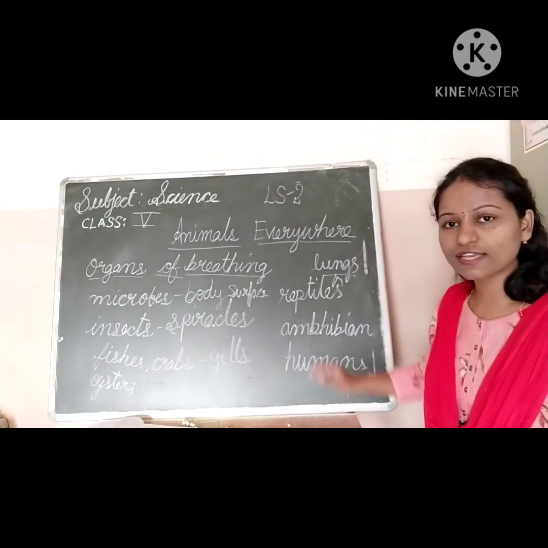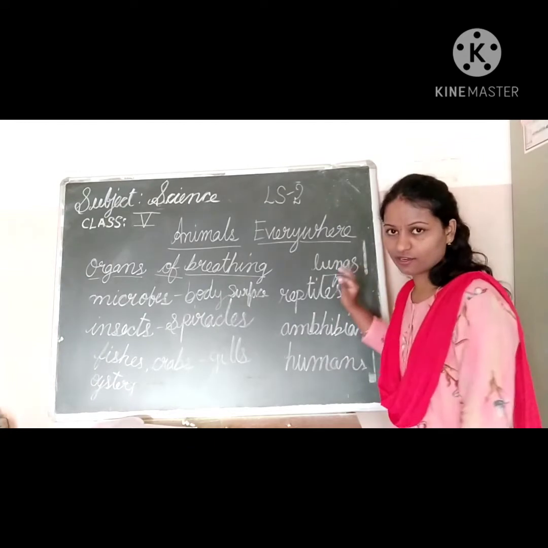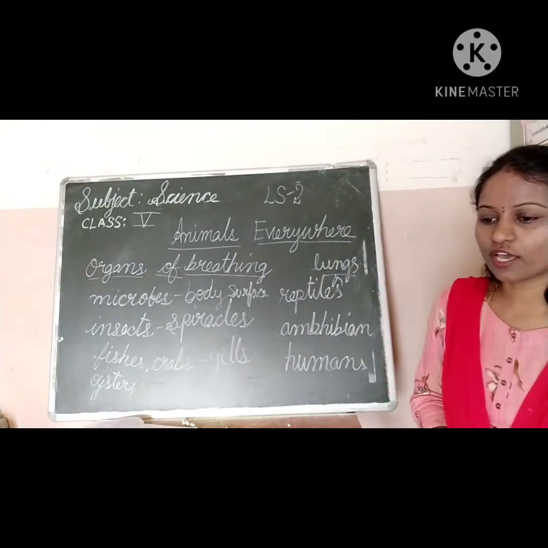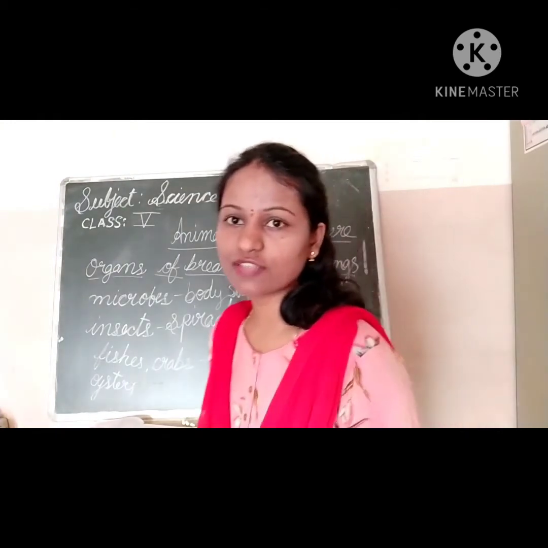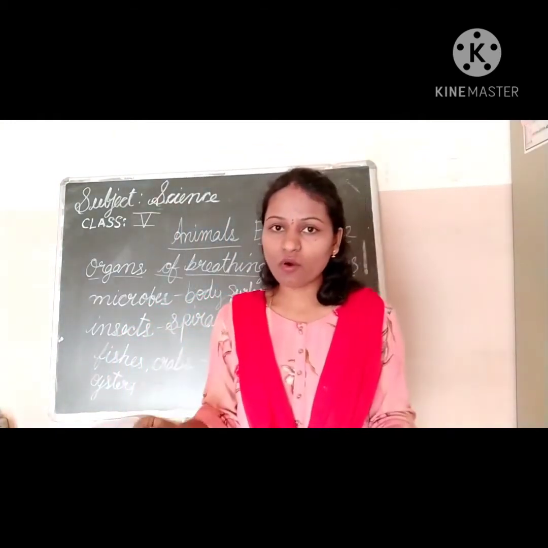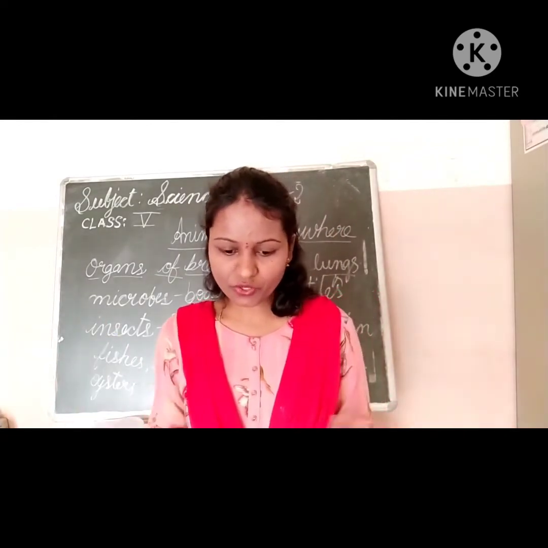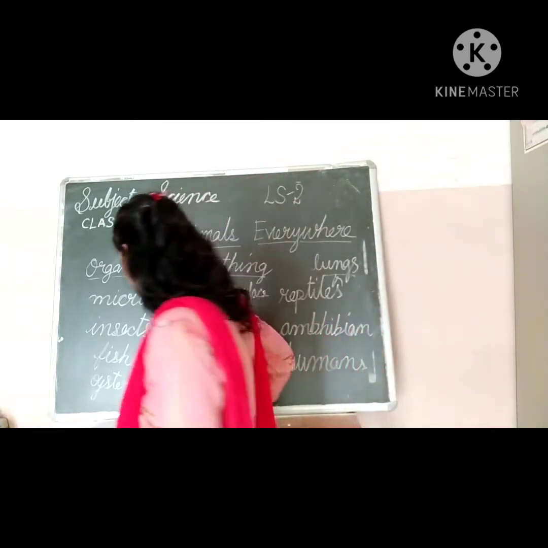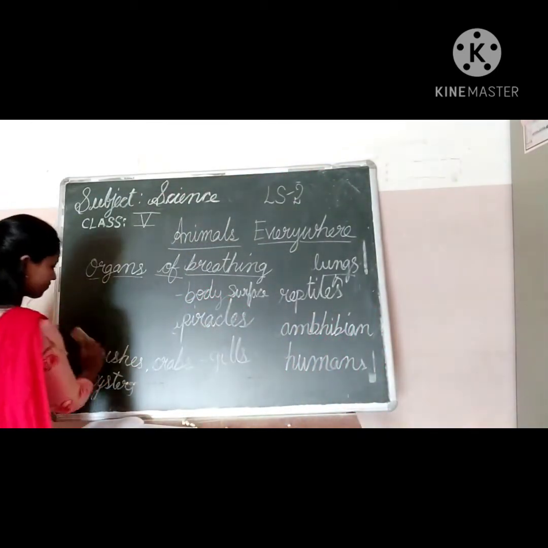But what about the snakes? Snakes respire through the skin. They have scales. Next one, amphibians. Now I have told you about the salamander, frog, toad. These are all amphibians. Amphibians, I'll tell you children what are the things.